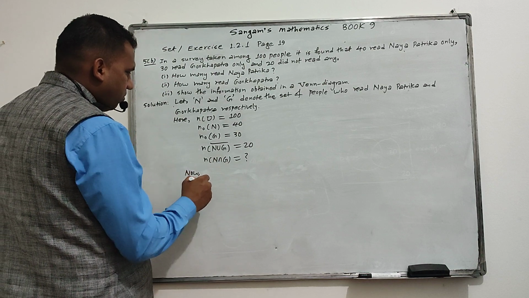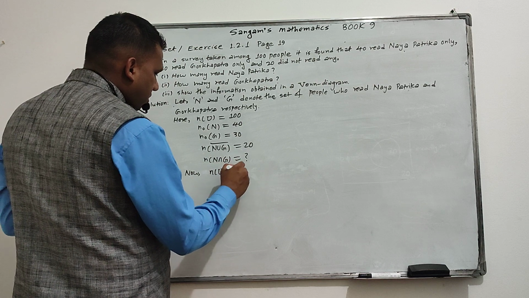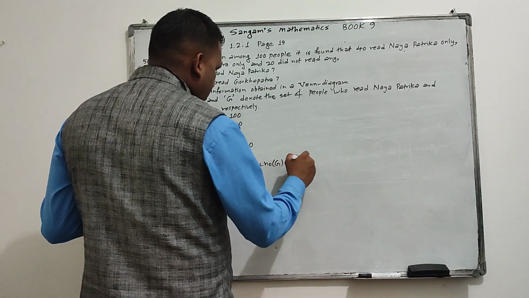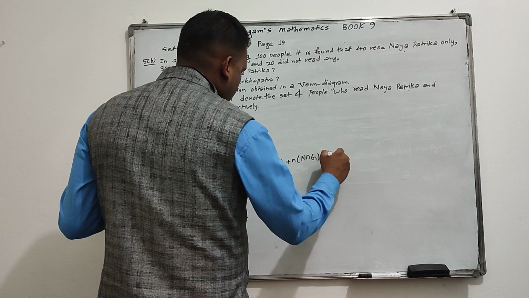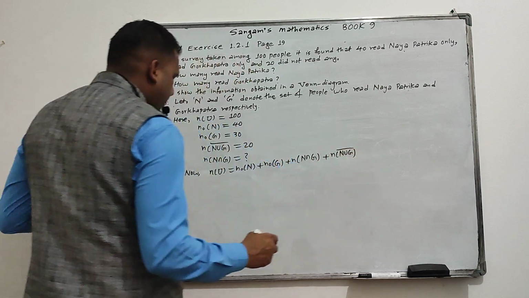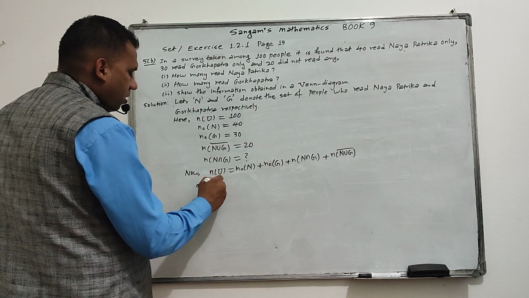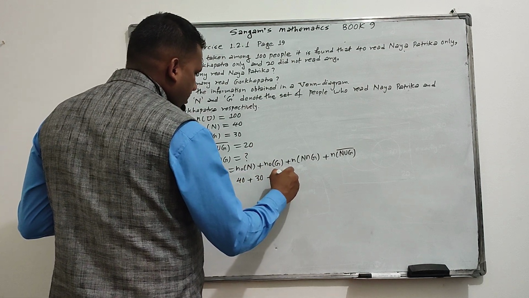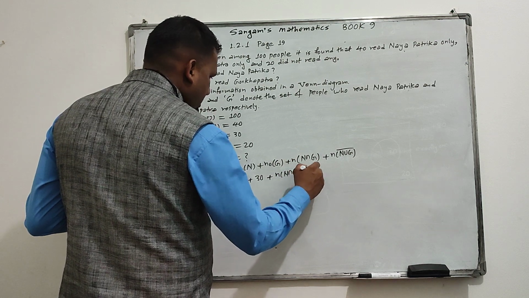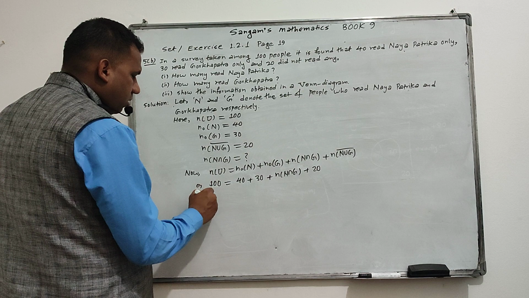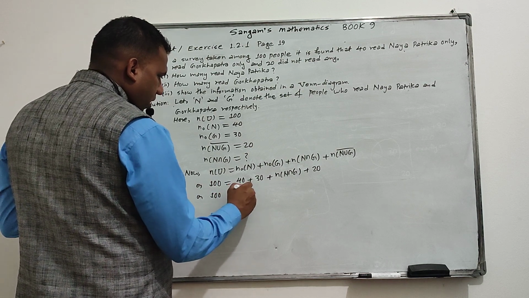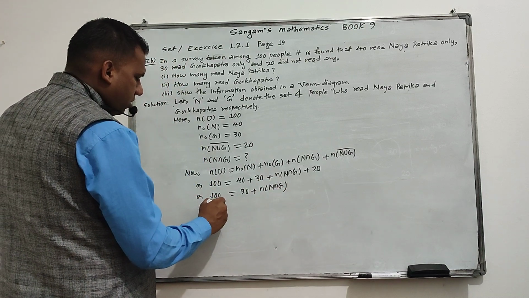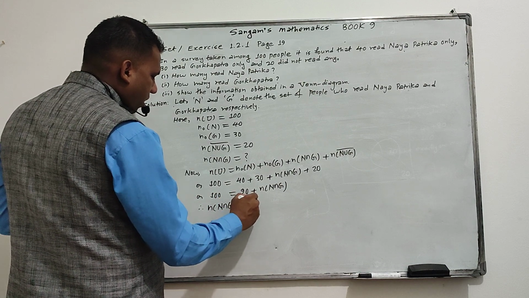Now using the formula, number of U equals number of N not G plus number of N intersection G plus number of G not N plus number of (N union G) whole complement, or 100 equals 40 plus 30 plus number of N intersection G plus 20, or 100 equals 90 plus number of N intersection G. Therefore, number of N intersection G is 10.